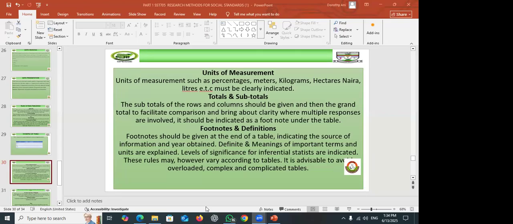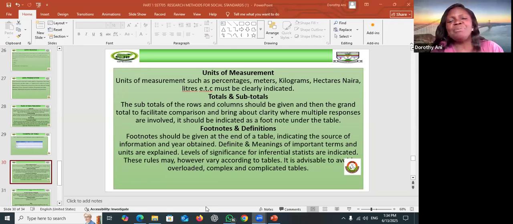Yes, ma. Okay. So another thing, after your units of measurement, which you normally put in brackets anywhere it is important, then total or subtotal if there is a need, then the table source.